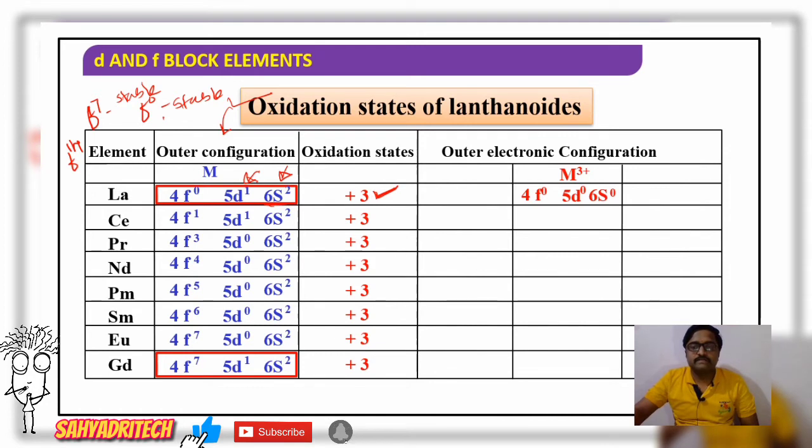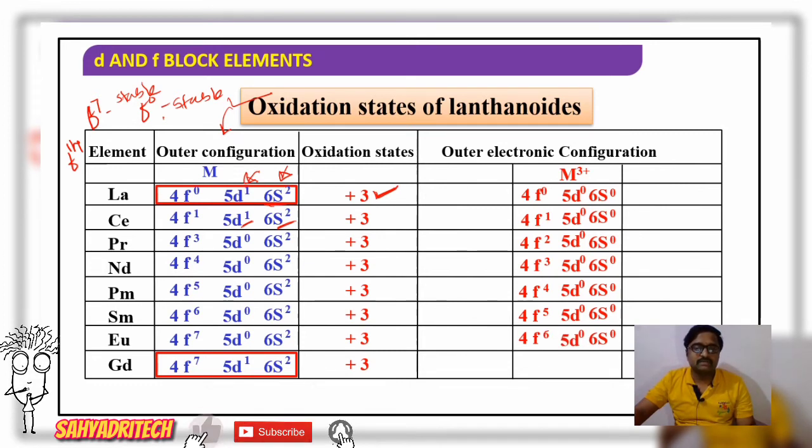Then coming to cerium, if it shows +3 oxidation state, 1 electron from 5d and 2 electrons from 6s are lost, so 4f1 5d0 6s0. Similarly, praseodymium 4f2 5d0 6s0, neodymium 4f3 5d0 6s0, promethium 4f4 5d0 6s0, samarium 4f5 5d0 6s0.